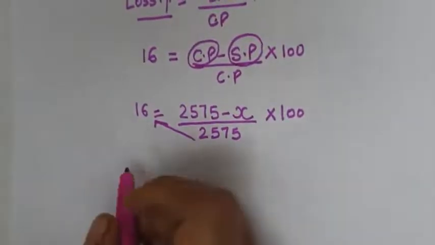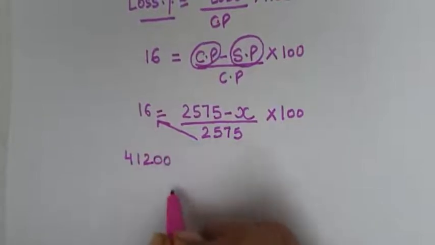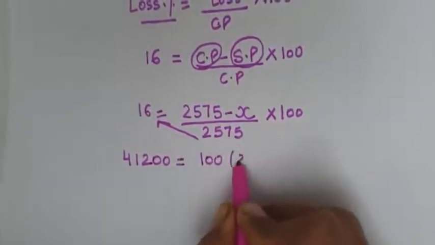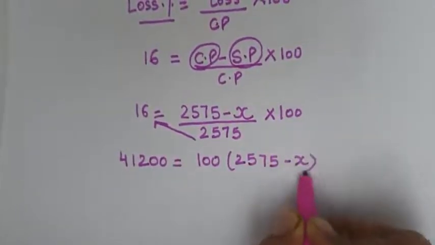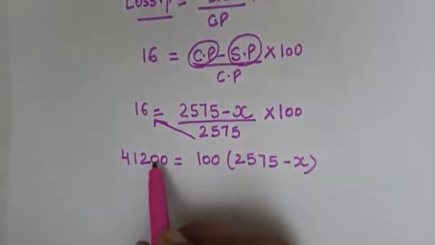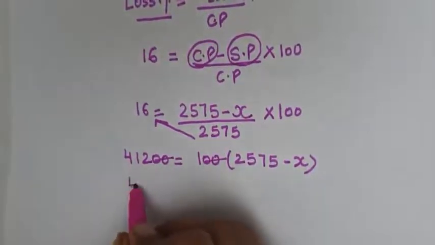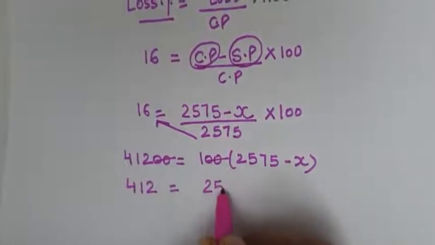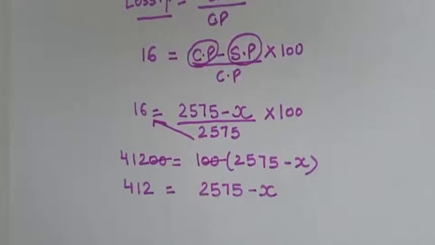Now this value will go to that side and get multiplied. So we get 41,200 which is equal to 100 in the bracket, 2575 minus x. Fine. Now these two zeros we can cancel. So we get 412 is equal to 2575 minus x.